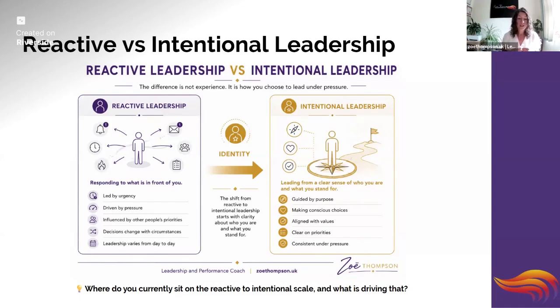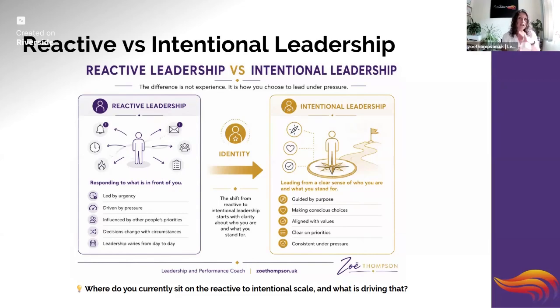It's driven by pressure and influenced by other people's priorities, which means you lose sight of your own, which often means that you are then fighting that additional pressure to stay on task and meet your deadlines and work on what is most important for you in the role that you are in.